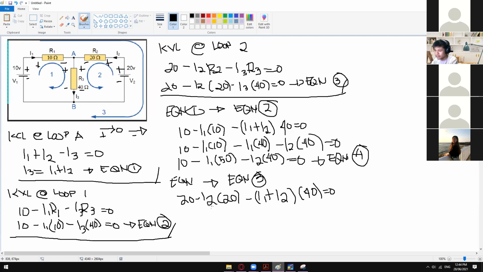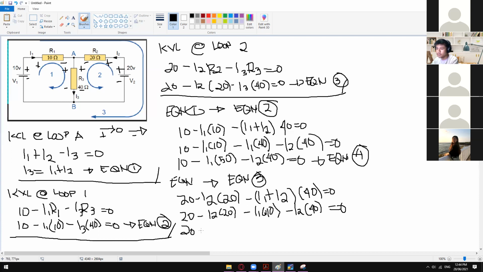Simplifying this, it becomes 20 minus I2 times 20 minus I1 times 40 minus I2 times 40 is equal to 0.